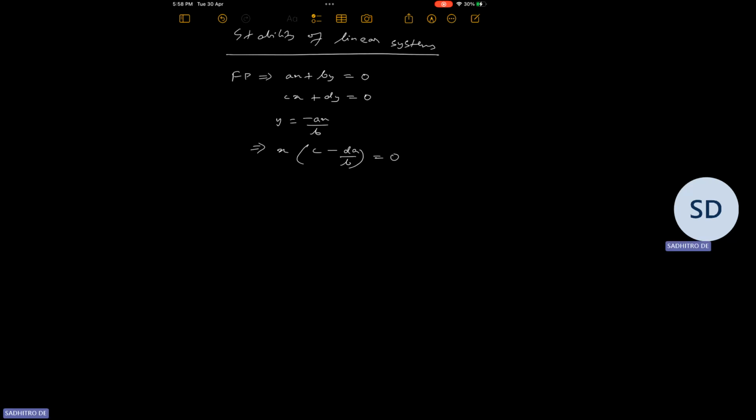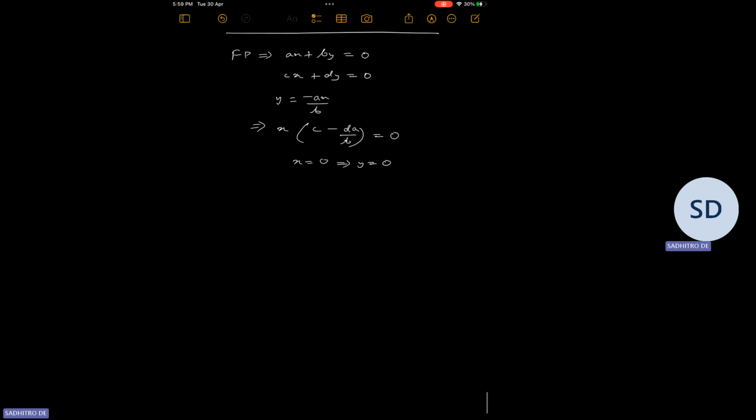That means provided the determinant of that matrix is not equal to 0, we have the fixed point x equal to 0, which implies y equal to 0. So if the determinant of the matrix is non-zero, then one fixed point that we always have is the origin. And there are special cases that happen when the determinant is 0, which we will come to later.